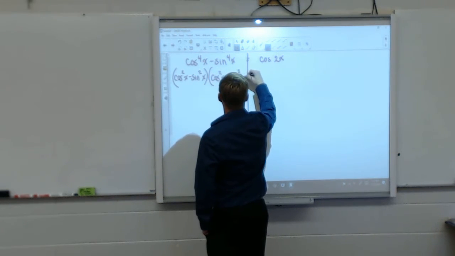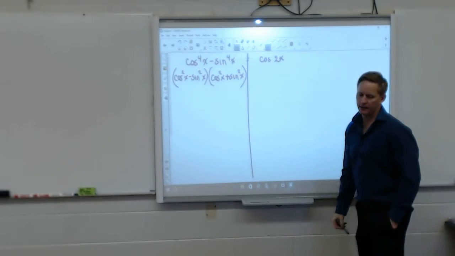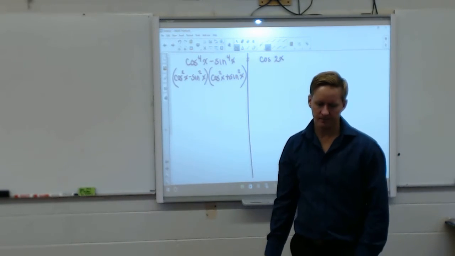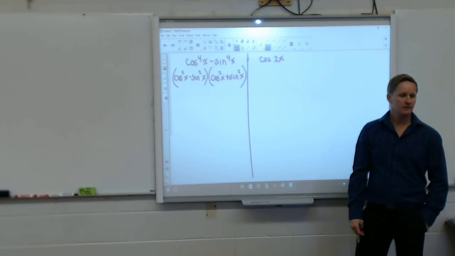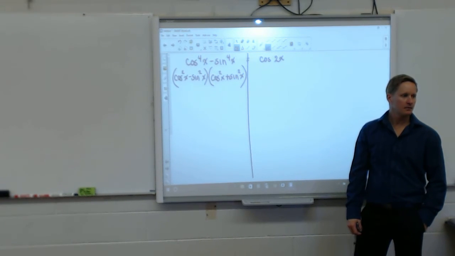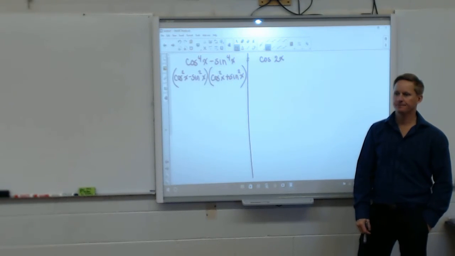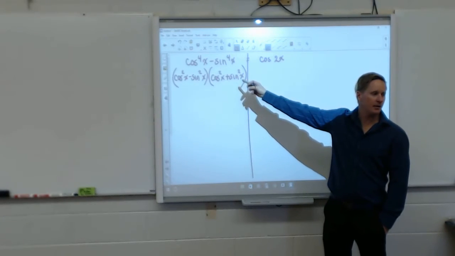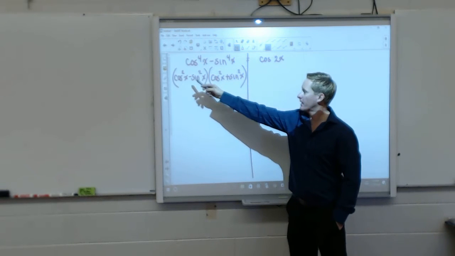Is that right? Okay so far? Difference of squares. How do I simplify this now? Cos squared plus sine squared is 1. So what am I left with?